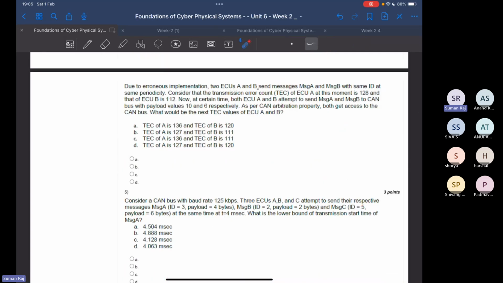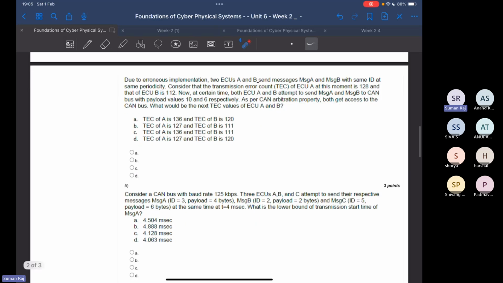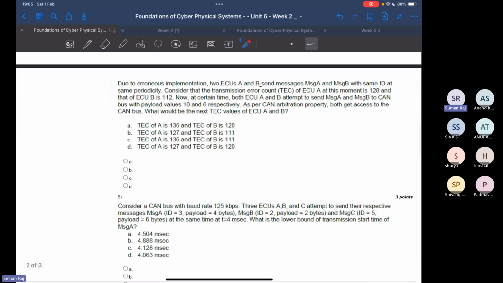Okay. So this question says that due to erroneous implementation, there are two ECUs A and B that are sending messages, message A and message B. So this is more about the CAN error mitigation part. Okay. All right.